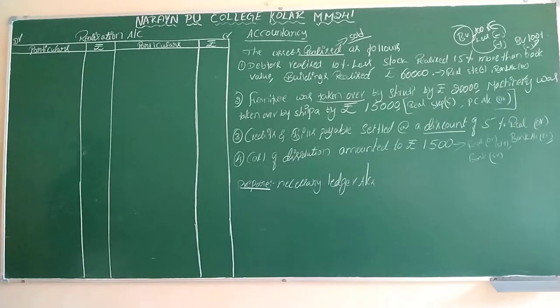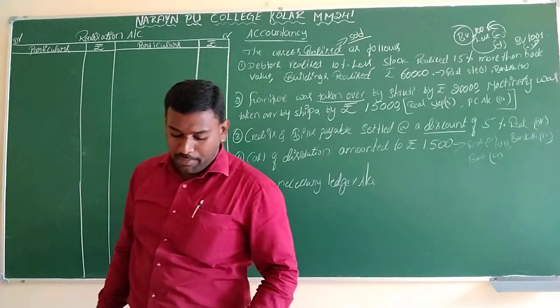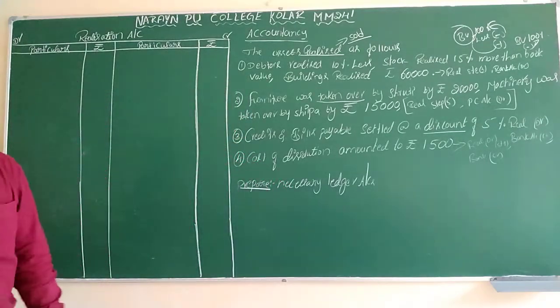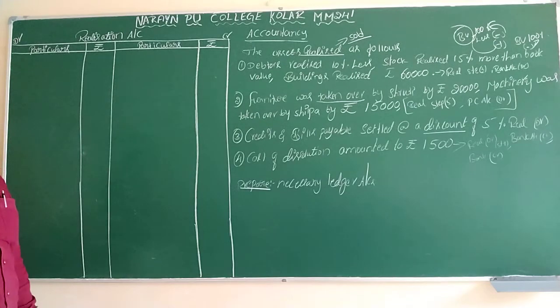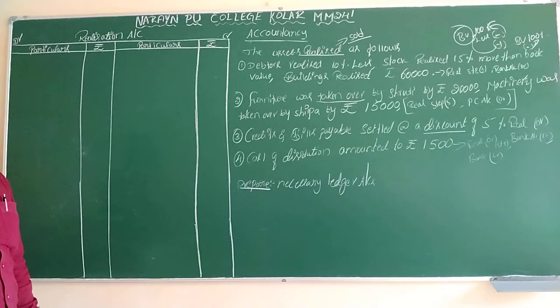Next we go to the solution of the realization account by following some steps. Step number 1: always record the realizable assets at book value, that is, the value given in the balance sheet. The same assets' values we have to record without any changes.